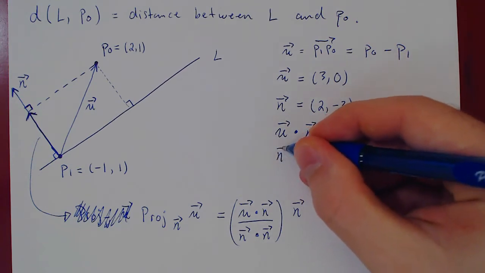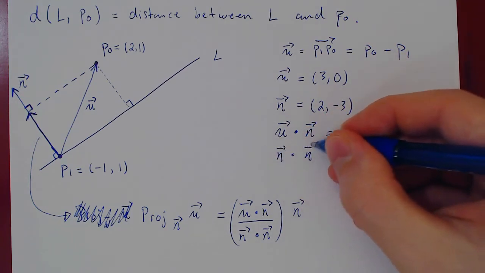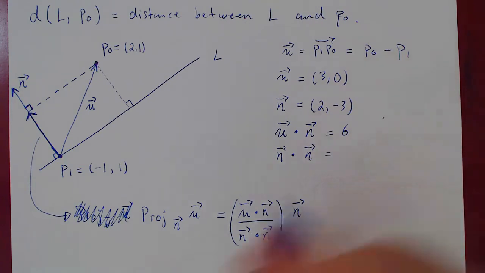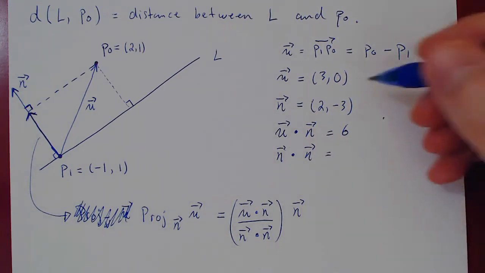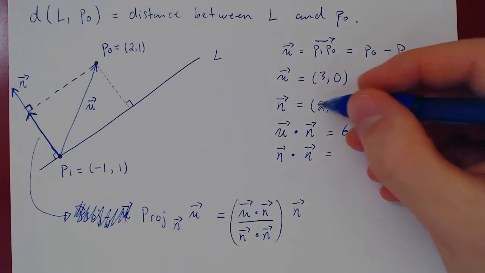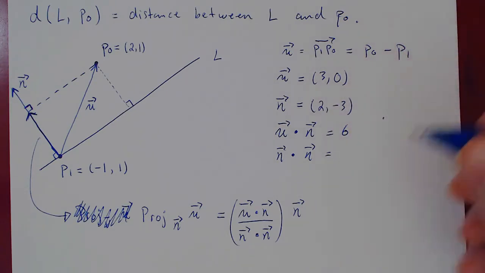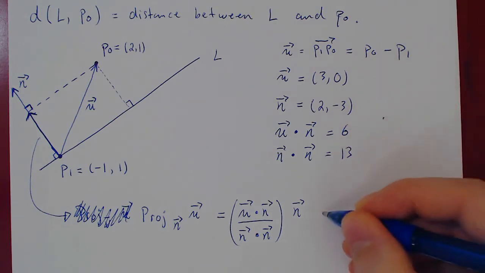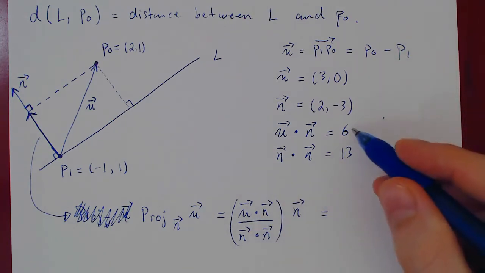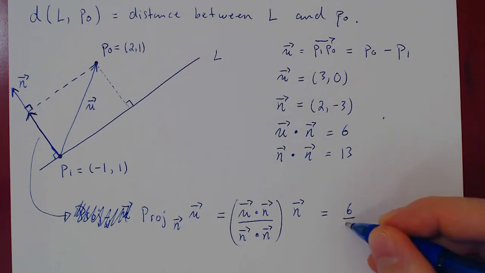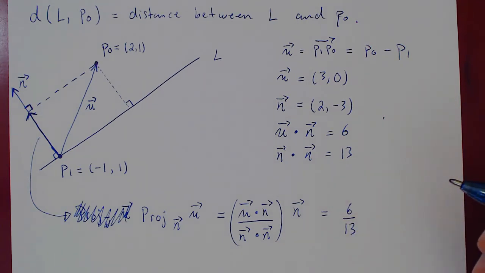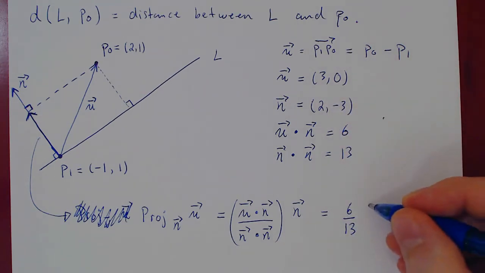And now n dot n. Well, if you dot a vector with itself, it's the norm of the vector squared. So it's just the sum of the entries squared. We'll get 2 squared is 4, negative 3 squared is 9, 4 plus 9 is 13. So all we have now is 6 over 13 times the vector n, which is (2, negative 3).